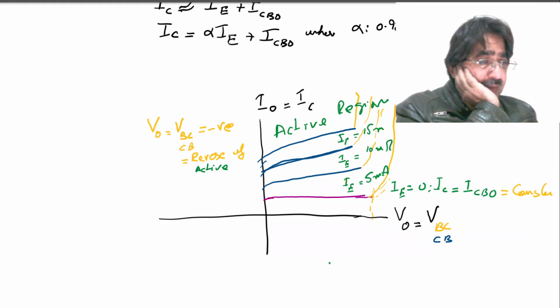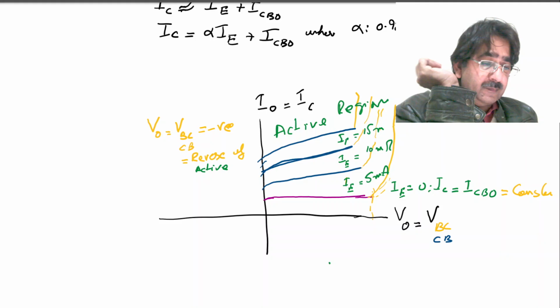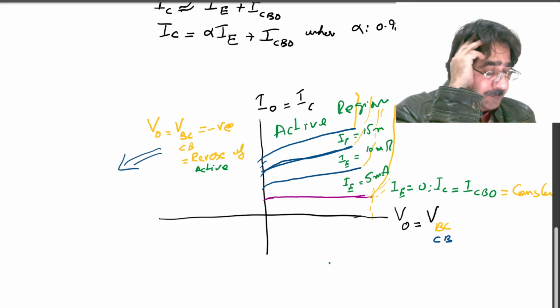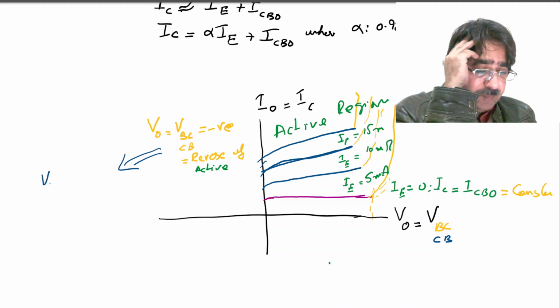this implies that in this region, VBC, junction BC, because the voltage is negative.